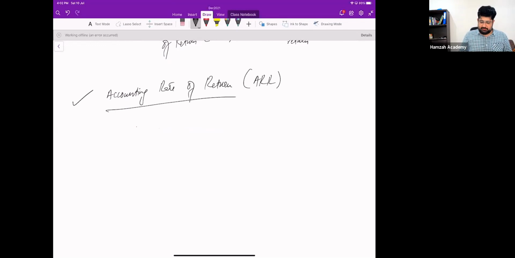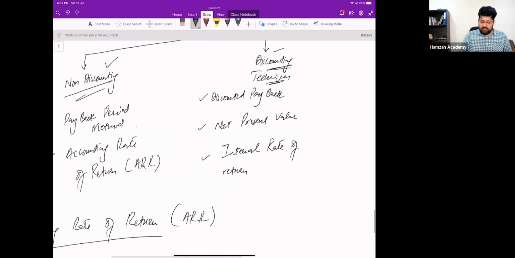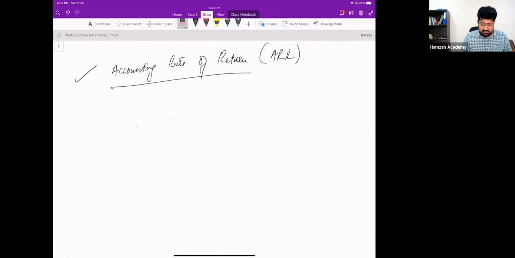Basically, it is also called average percentage return. It is also called return on capital employed, ROCE.